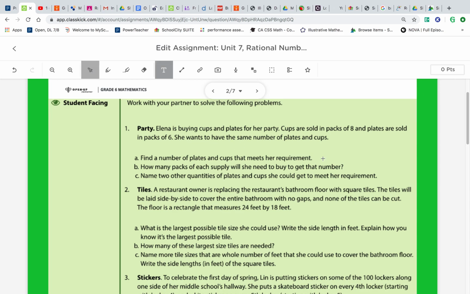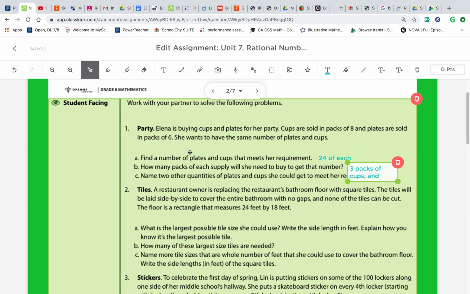Now, how many packs of each supply will she need to get that number? So if we say that she is going to get 24 of each, how would she get to 24 with the cups? She's going to need 3 packs of cups.